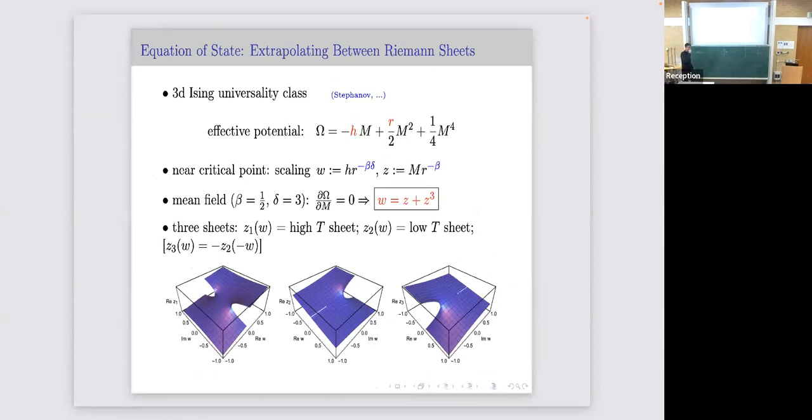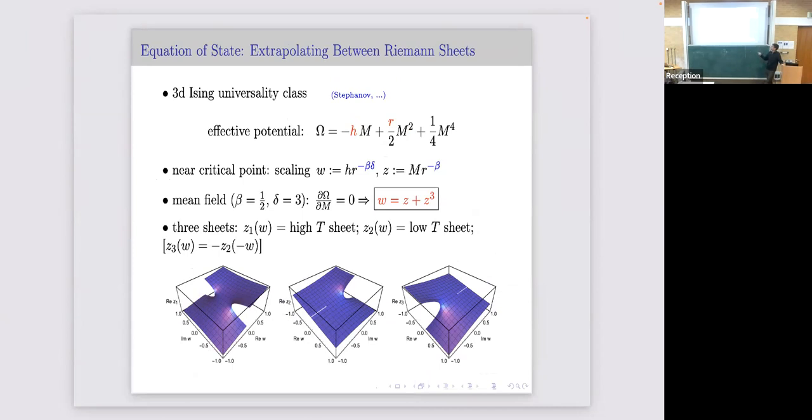But what's really interesting is that in the neighborhood of this Lee-Yang critical point, this thing lives in a universality class. It's called the 3D Ising universality class. Again, I'm going to say some buzzwords that mathematicians can ignore, or state the problem as a purely mathematics problem in a second, but there are some physicists in the audience. So there's a quartic effective potential with an asymmetric term, a linear term.